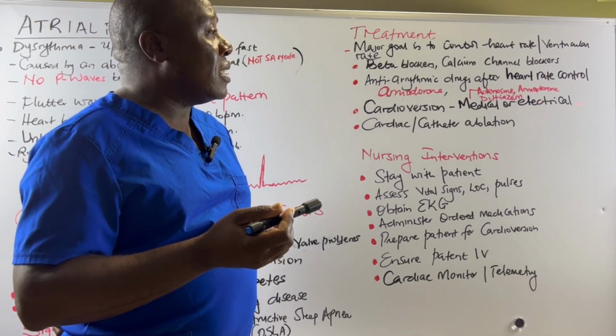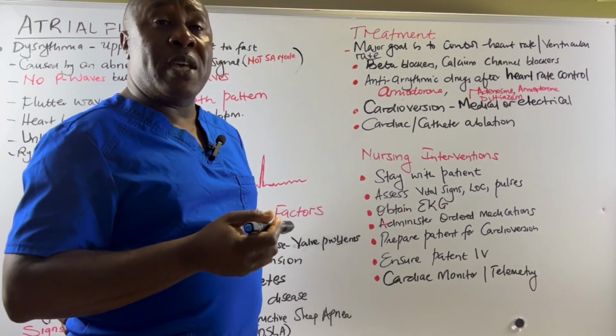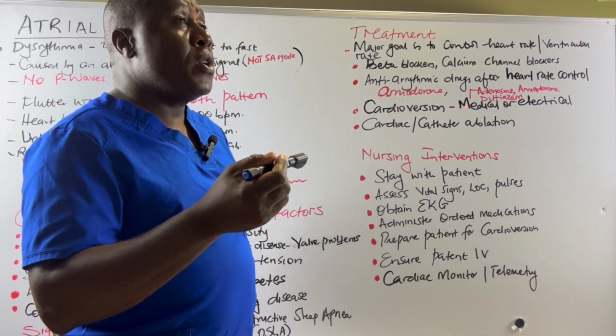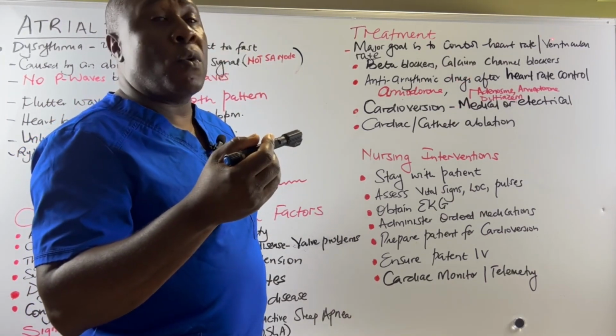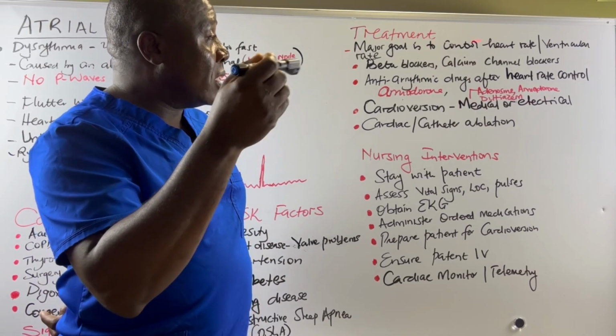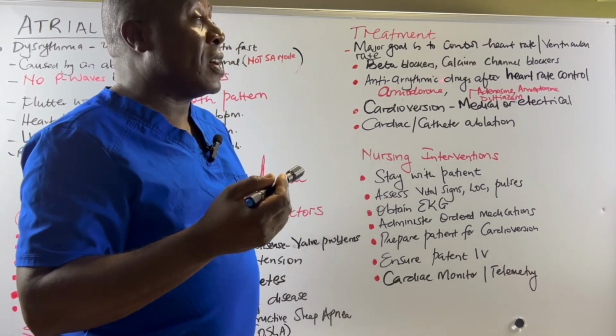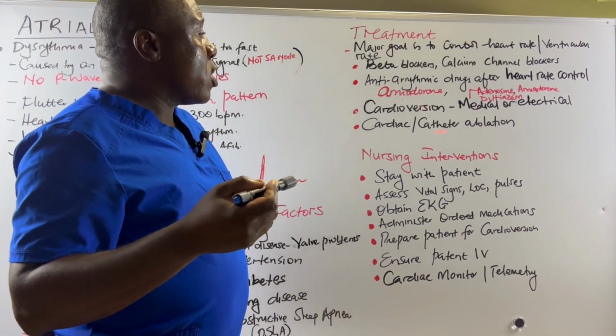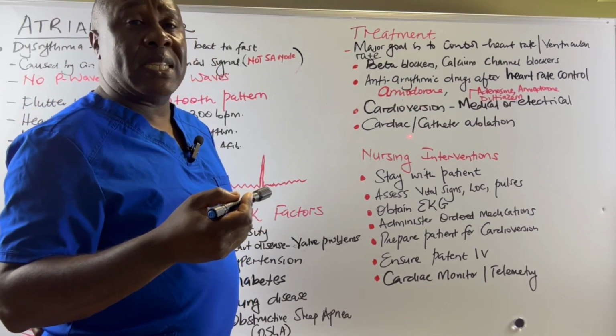Electronic cardioversion can be achieved by use of a defibrillator. This is a machine that is able to deliver shocks to the heart. It delivers shocks by synchronizing those shocks with the peak of the QRS complex, or the peak of the R wave, so that we can convert this rhythm into a normal rhythm. We can also perform cardiac or catheter ablation.